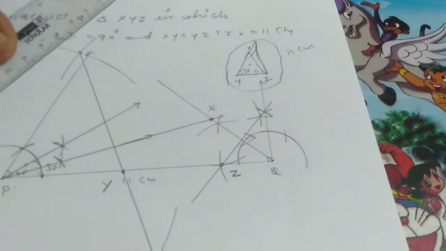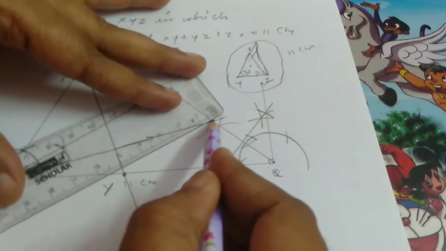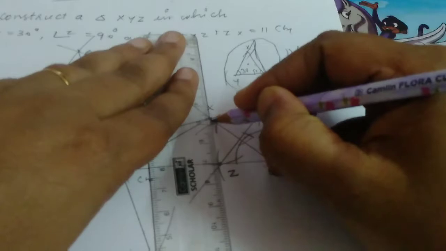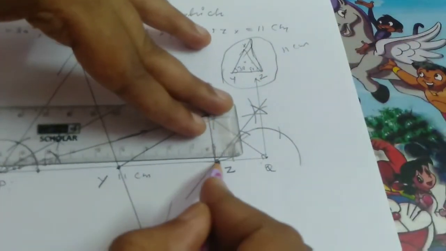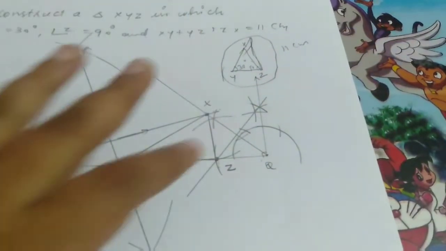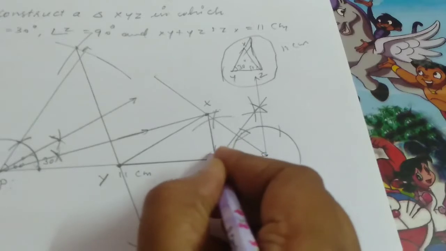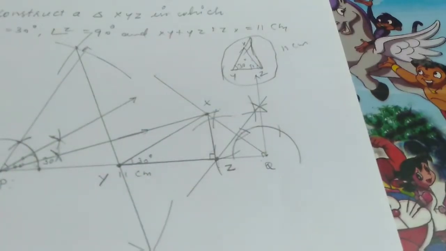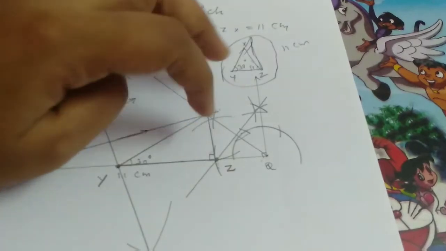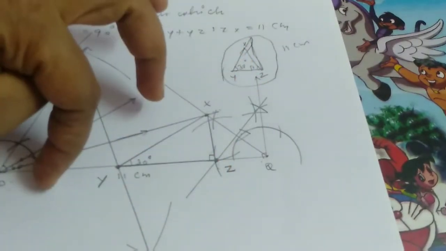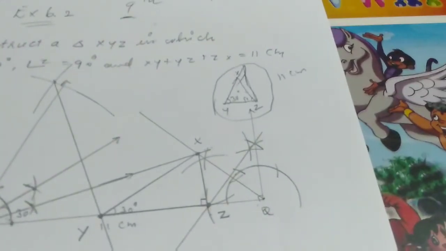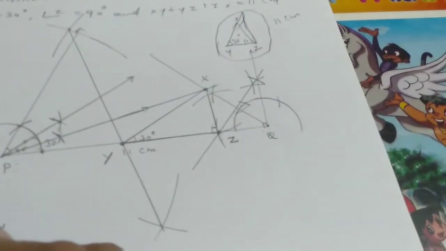Now join X, Y and Z, from X to Y, then X to Z, then this. See here, the 90 degree angle at Z has come, and the 30 degree angle is coming. If you have doubt, add the XZ, YZ and XY measurements, and you get 11 centimeters. So XYZ is the required triangle.